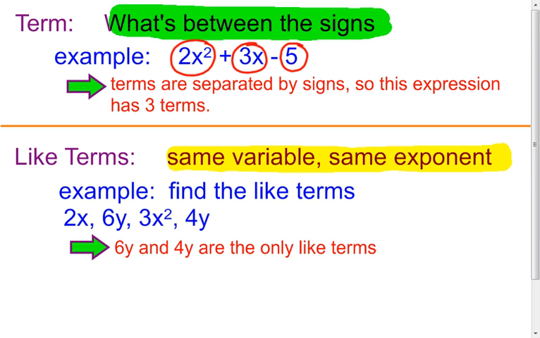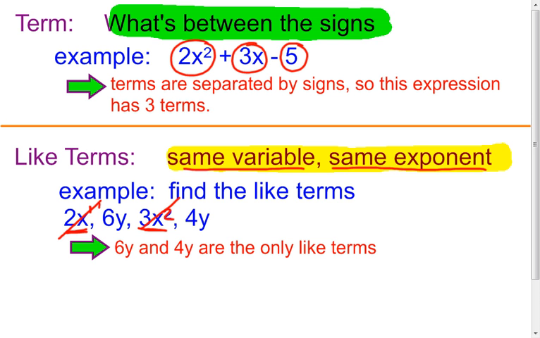Then we want to look at combining like terms, and in order for something to be a like term, it has to use the same variable and have the same exponent. So if I look down here and I compare 2x and 3x squared, they both have the same variable in them, they both have x's in them, but this is an x to the 1 and this is an x to the 2, and that does not make them like terms. They are not like terms.